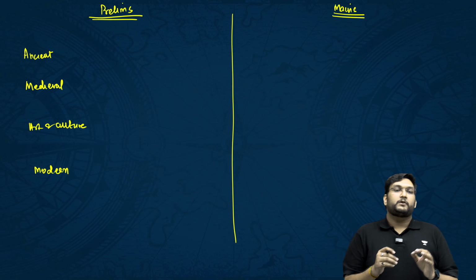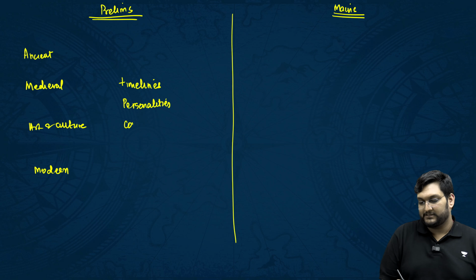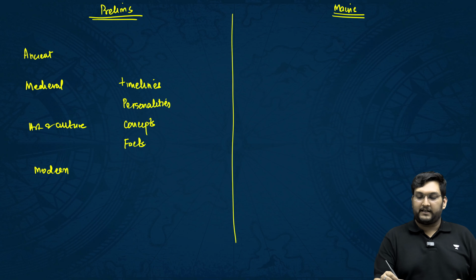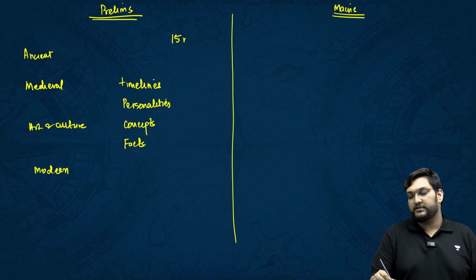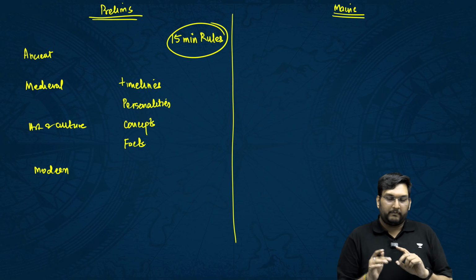But for prelims, we will cover the timelines, we will cover the personalities, we will cover the concepts, and we will cover the facts. But what we will do is that we will develop a rule which is called the 15 minutes rule. The 15 minutes rule is very simple.